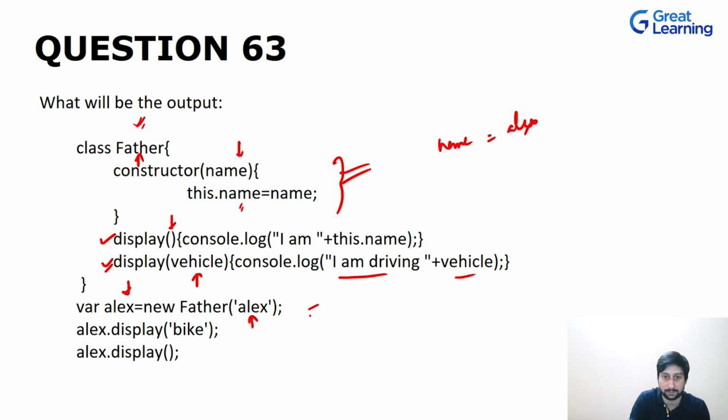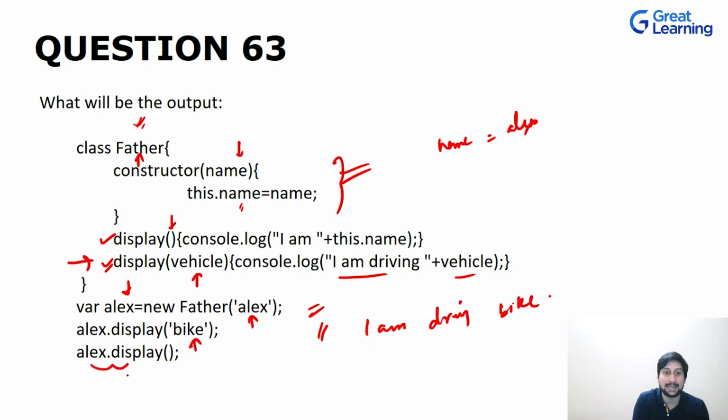That is this first step. Done. Now what we are doing, we are calling display, which is this method will be called and we are passing in the argument, that is bike. So I am saying that I am driving and the vehicle is bike. So the output will be I am driving bike.